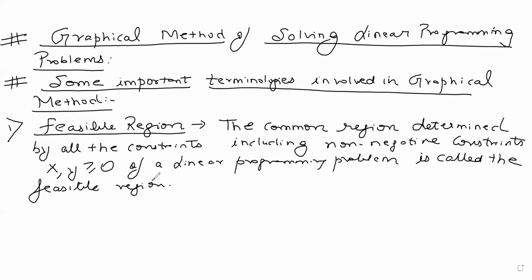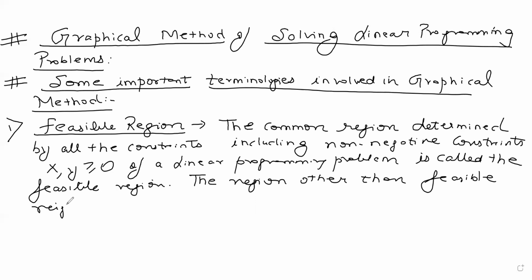Okay, you are going to understand this in a much better way when we actually do a numerical. But before doing any numerical, you should be comfortable with all the terms. And then we can write: the region other than the feasible region is called an infeasible region.